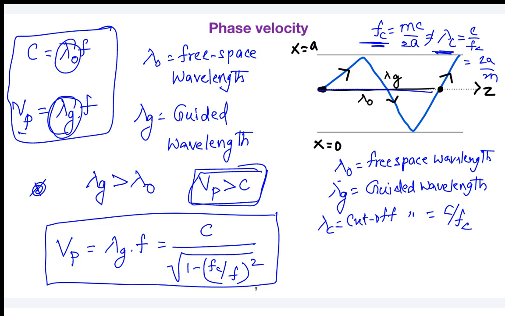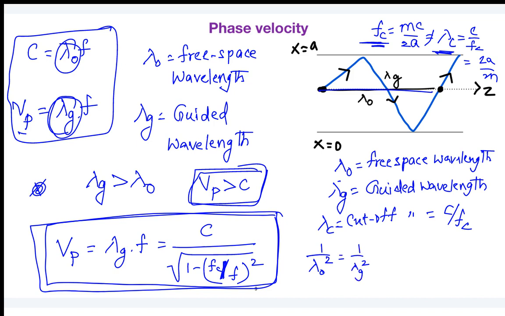Using this, you know that fc by f can be written as the reciprocal of the wavelength. You know that c by f is lambda naught, and fc by f you can replace with lambda naught by lambda c.